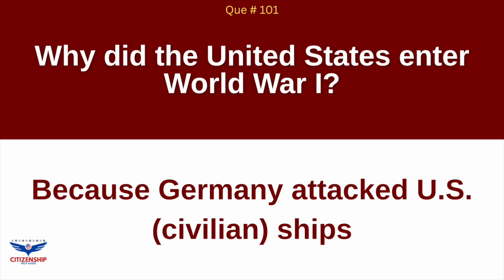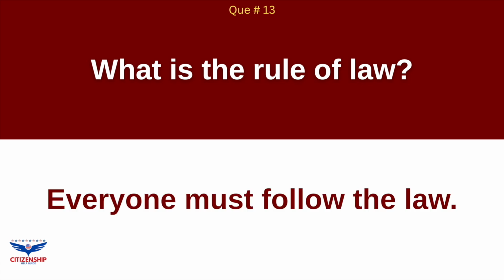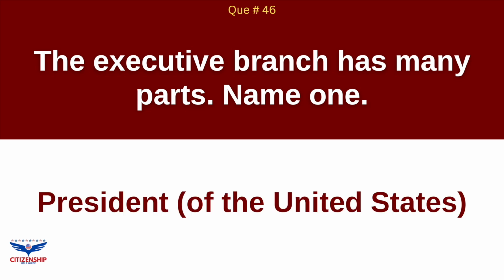Because Germany attacked U.S. civilian ships. What is the rule of law? Everyone must follow the law. The executive branch has many parts. Name one. President of the United States.